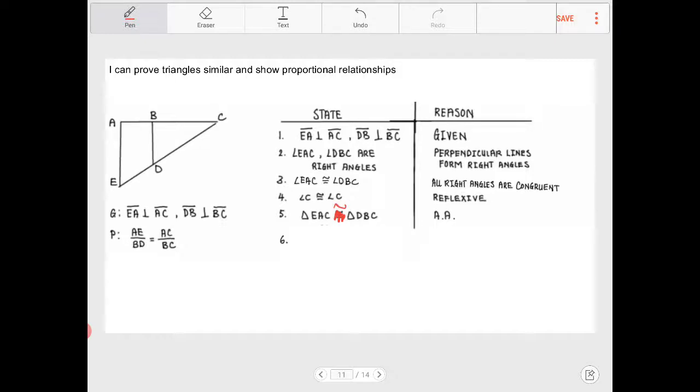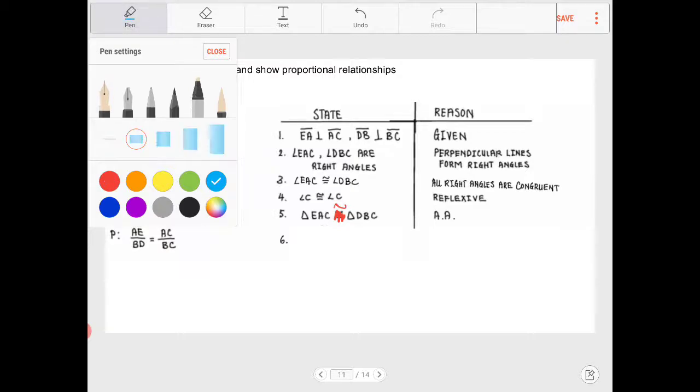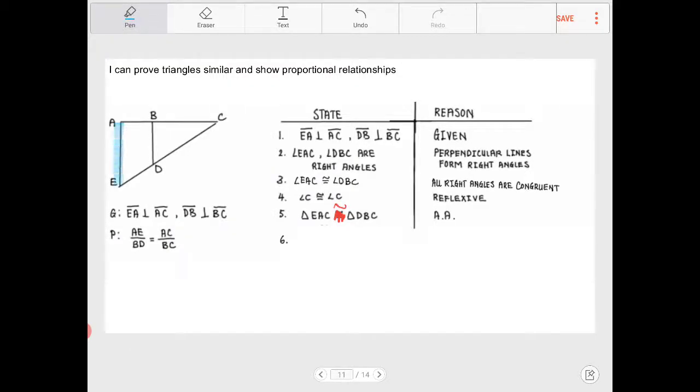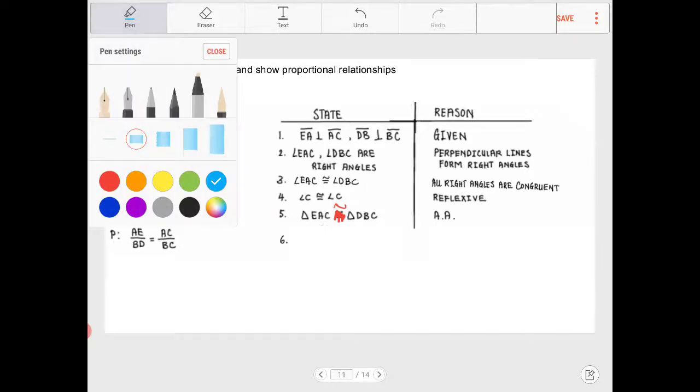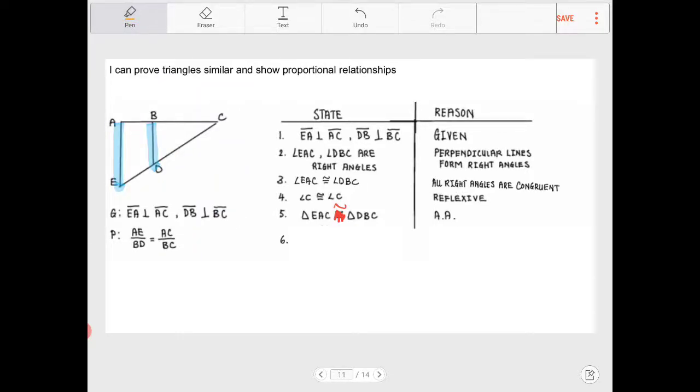Now that we know that the two triangles are similar, then we can establish that AE to BD is the same as AC to BC. So those are proportional parts.